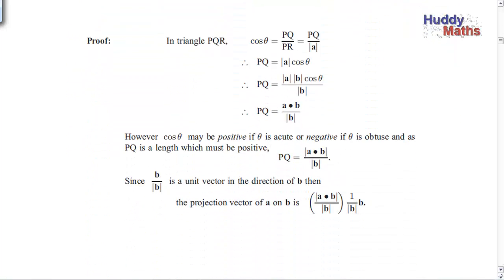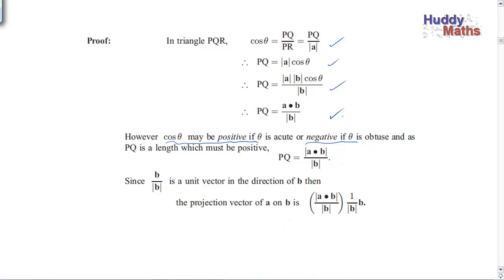Here's a little proof about that, and that's what I've just done here. In that triangle up there, we've said it's A cos theta, which, dividing by the length of B, gives the result you want in terms of the length. However, cos theta may be positive if theta is acute or negative if theta is obtuse.